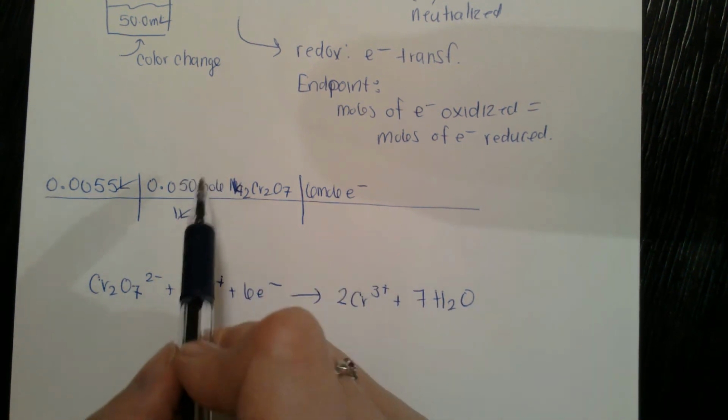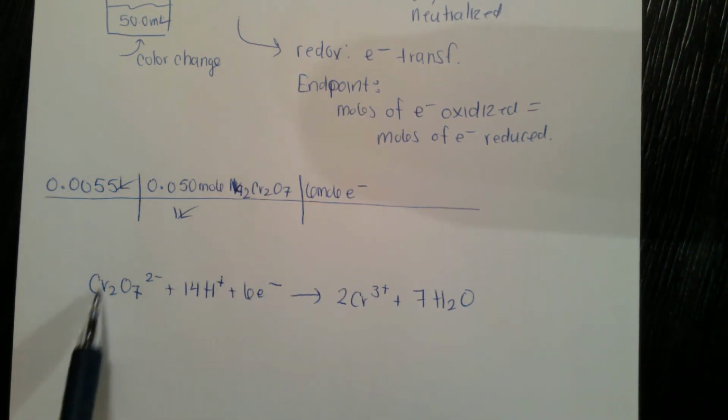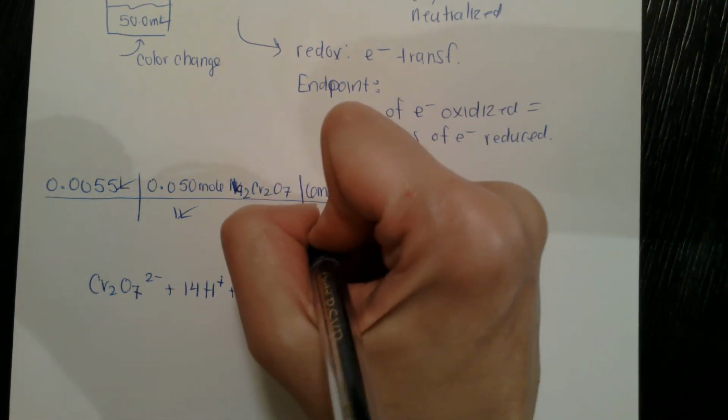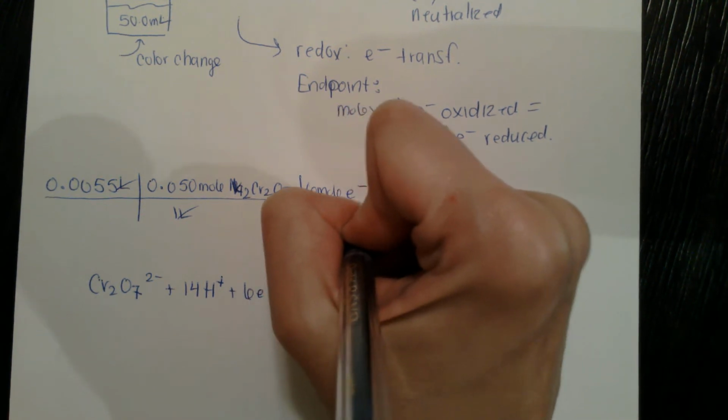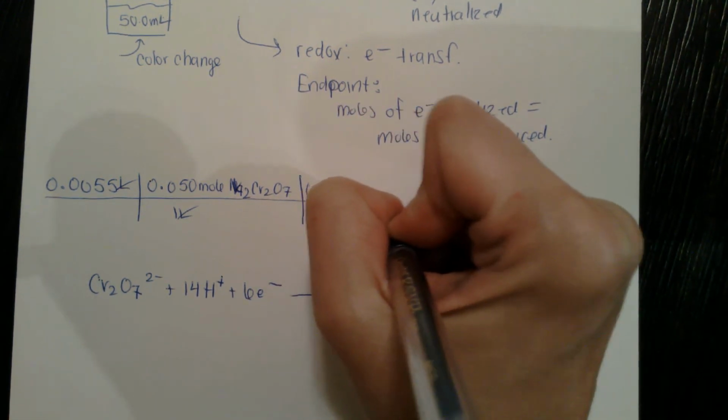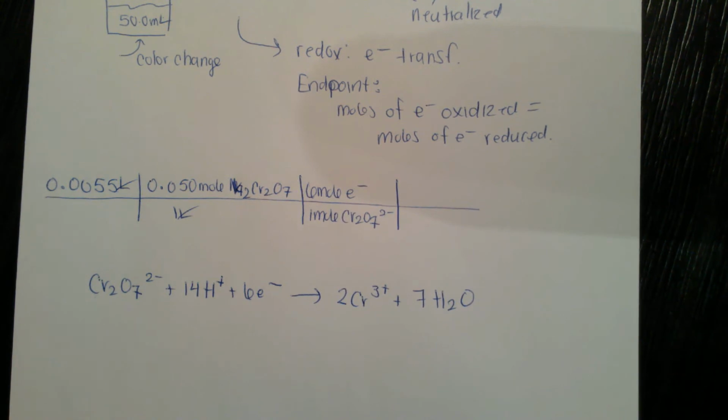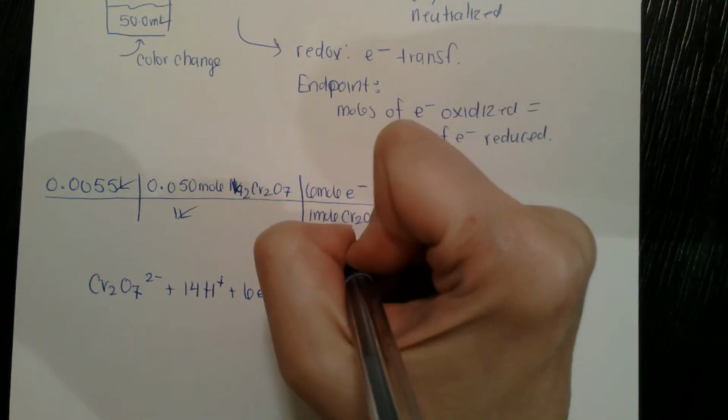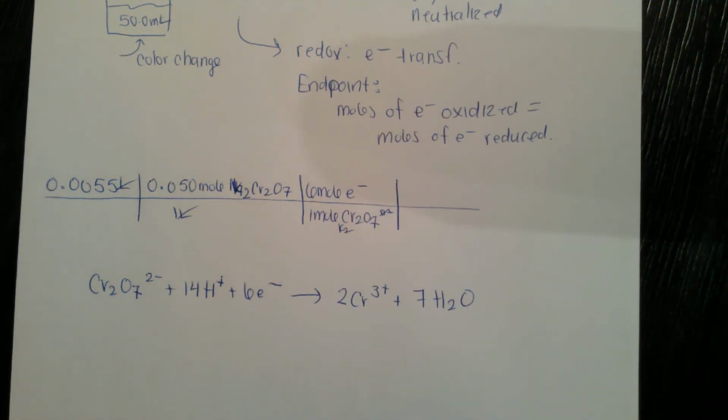So it didn't really matter if it was potassium or sodium. We're just looking for the chromate. So for every 1 mole of Cr2O7 2-, or actually we can put our K2 there.